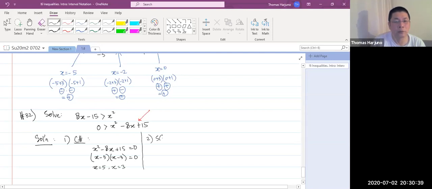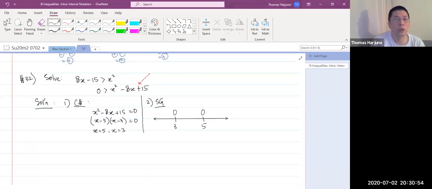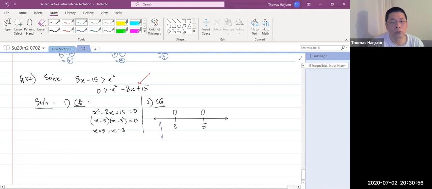Sign graph. 3 to the left of 5, both of them the zeros. Now I do testing points. When x equals 0, I get -5 times -3. It's a product of two negatives, which is positive.